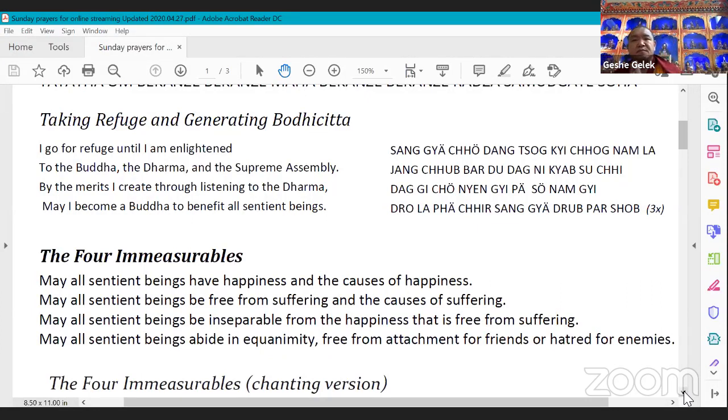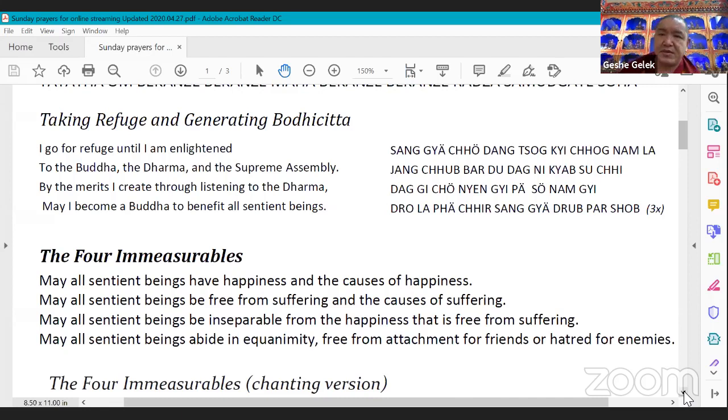I go for refuge until I'm enlightened to the Buddha, Dharma, and the Supreme Assembly.